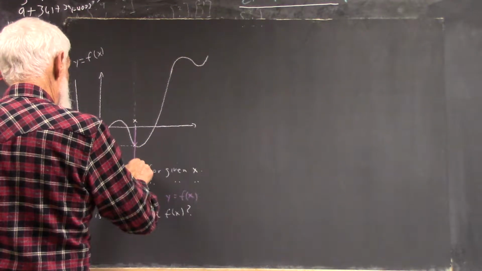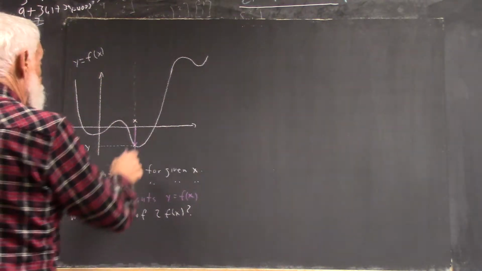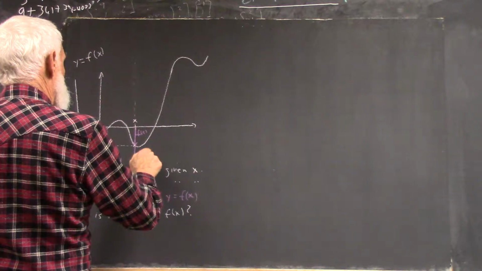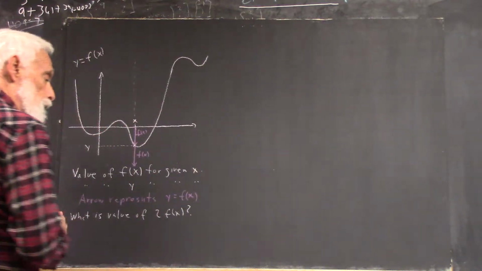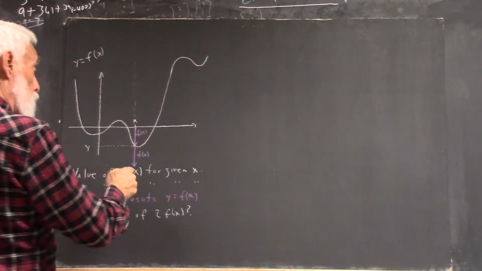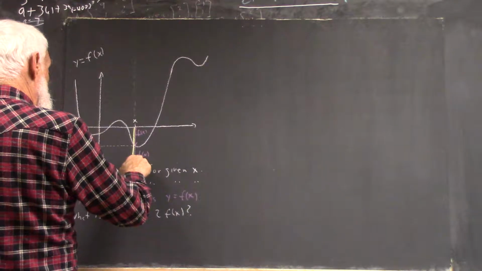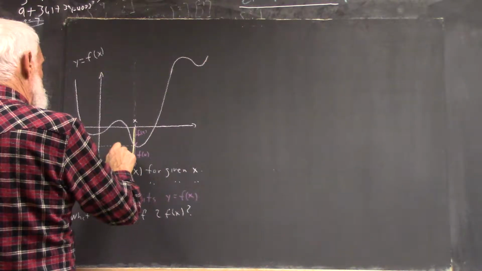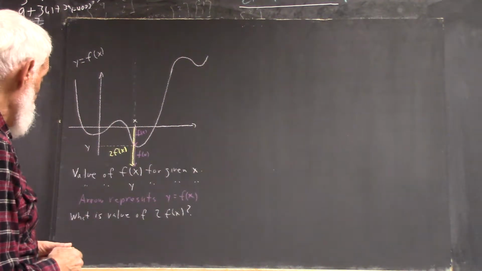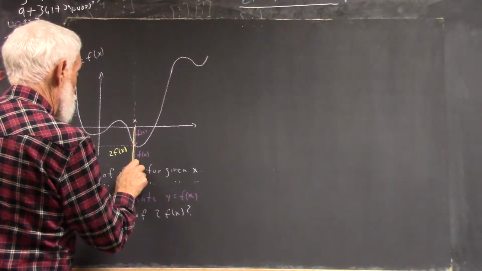So here we have the arrow equal to f of x. So this arrow represents f of x. This arrow represents f of x. So an arrow with a length equal to both of these represents 2f of x. And if we want to draw a graph of 2f of x, this is going to be a point on that graph.